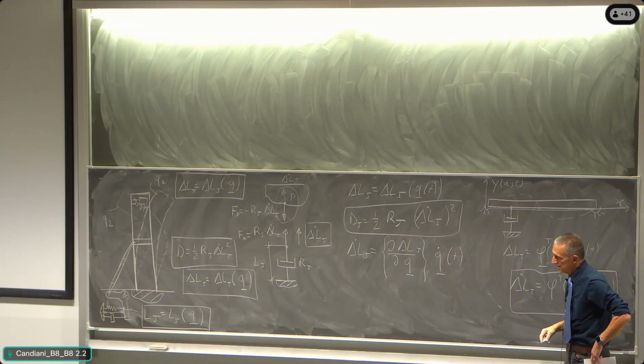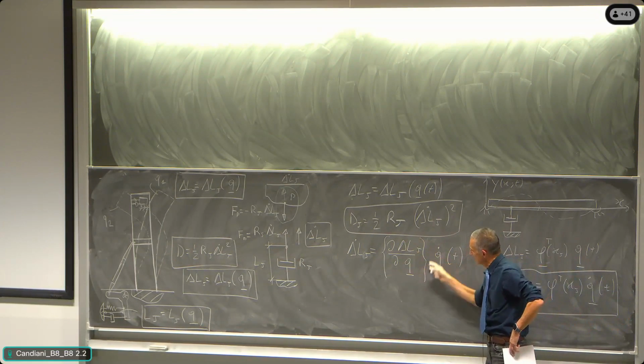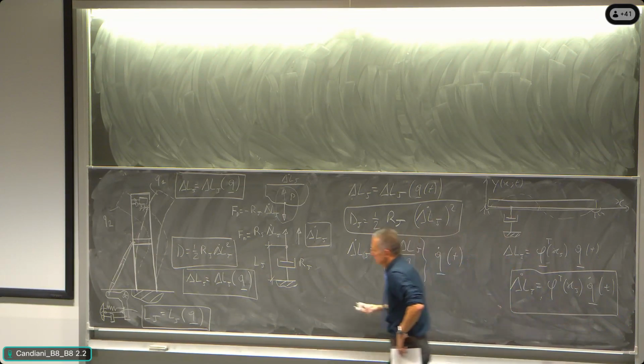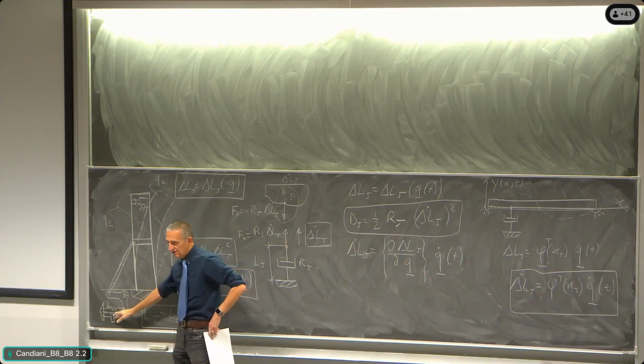All right? This quantity, d delta L over dq, is, generally speaking, what takes into account the mathematics of the mechanism.